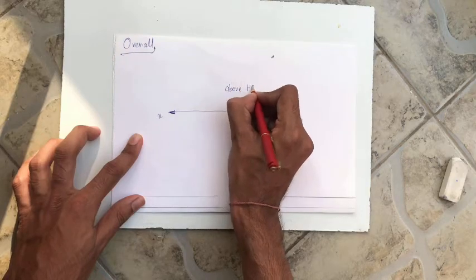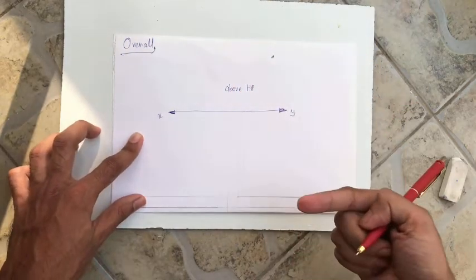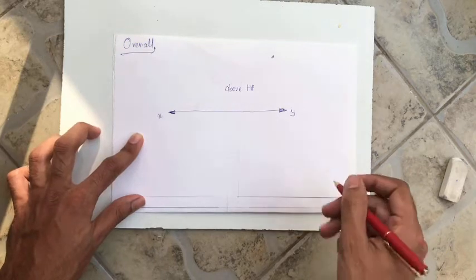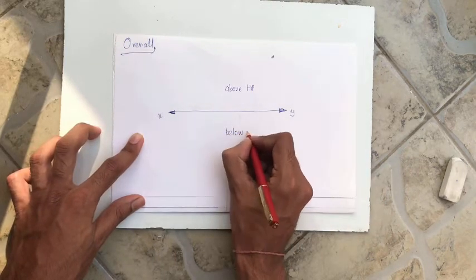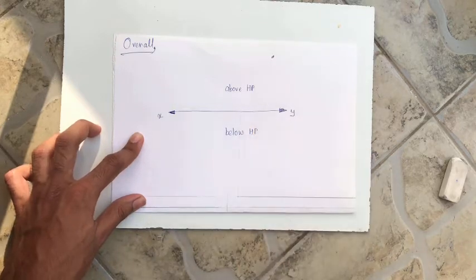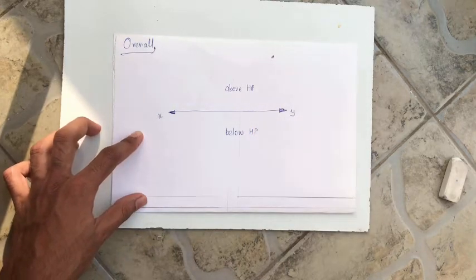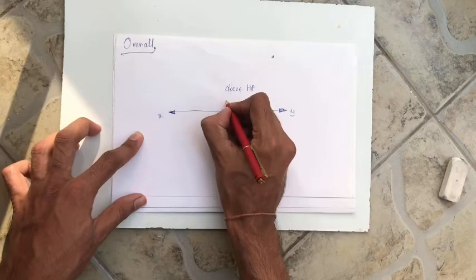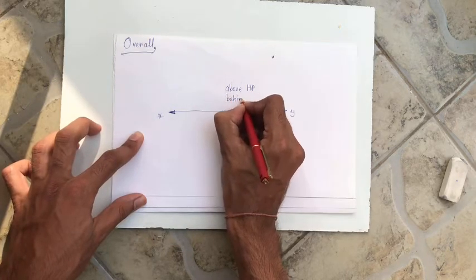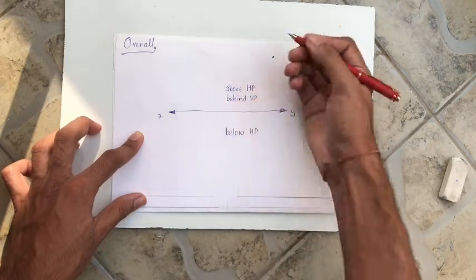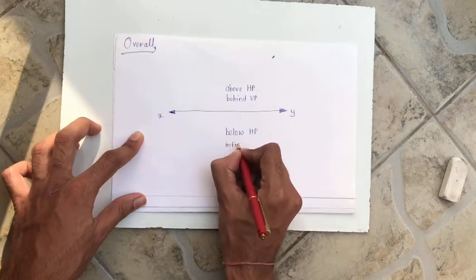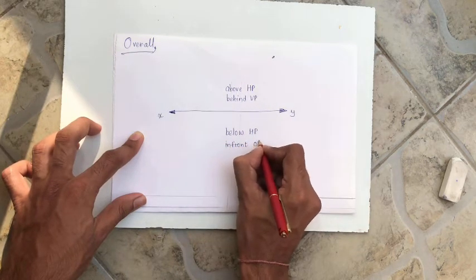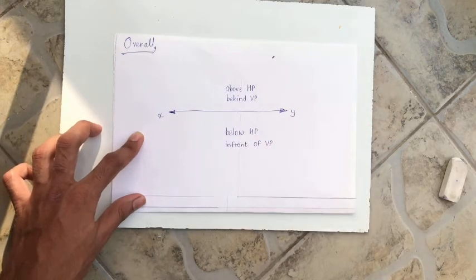So if a point is given above HP, we have to locate it above the XY line; below HP, below the XY line. When it is given behind VP, again above XY line, and in front of VP, it is below. You can see all examples also.